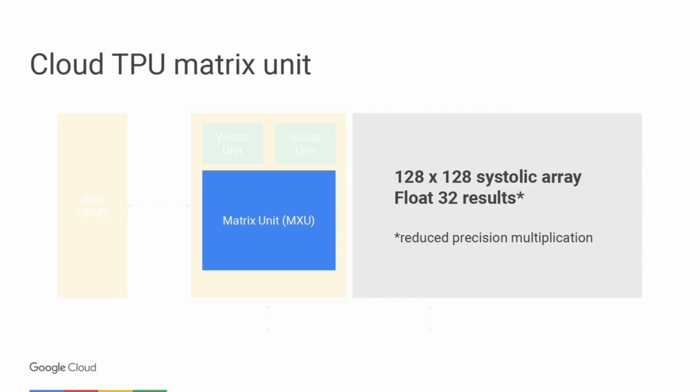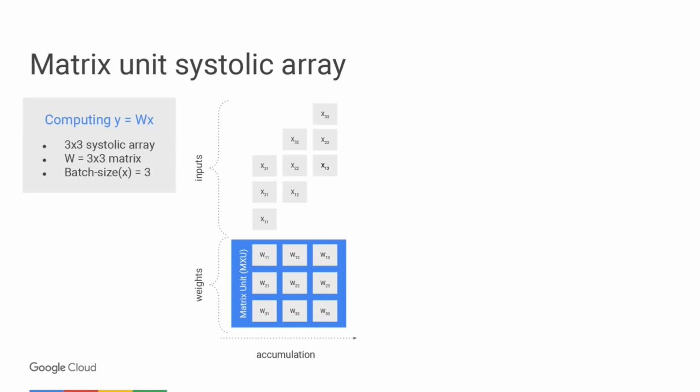And here's a schematic diagram of the systolic array. So remember on the previous slide, I said that this matrix unit is a 128 by 128 systolic array. That's really very large. I'm just going to show you a diagram with a 3 by 3 systolic array for clarity. But imagine the big, massively parallel version of this. So what's happening here is we're able to stage our input data.